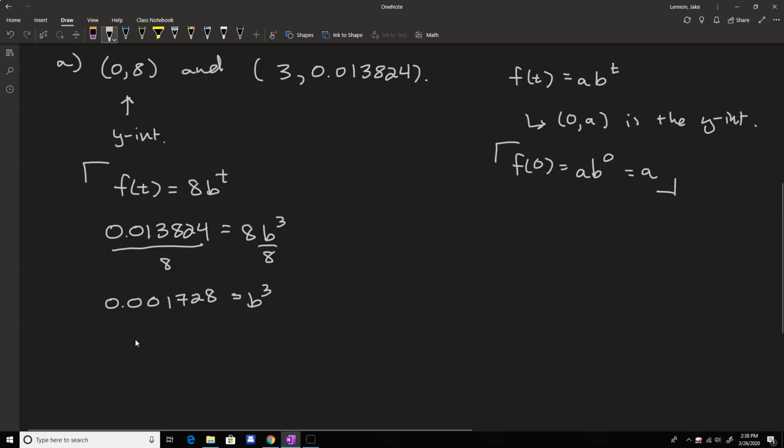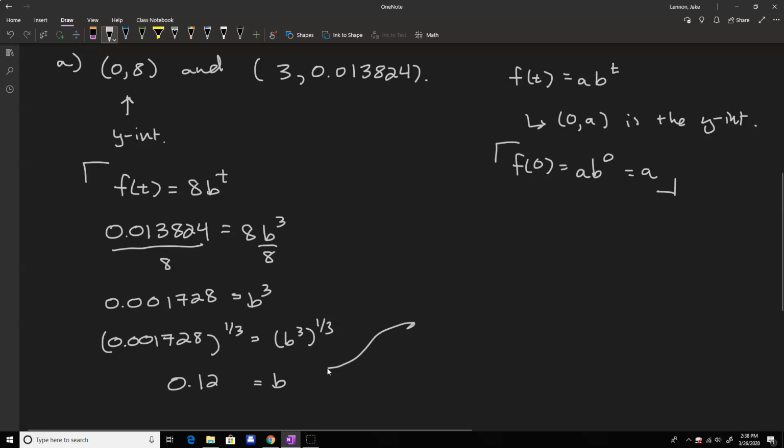Here we can either take the cube root or raise both sides to the 1/3 power. Usually I like to use the exponent because not every calculator has a cube root button. So if you do b to the third to the 1/3 power, we end up with b on the right-hand side, and on the left-hand side we just end up with 0.12.